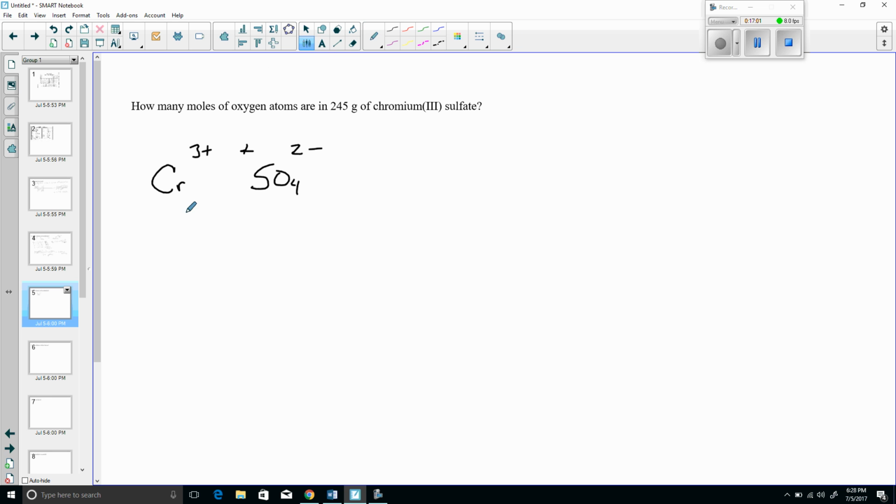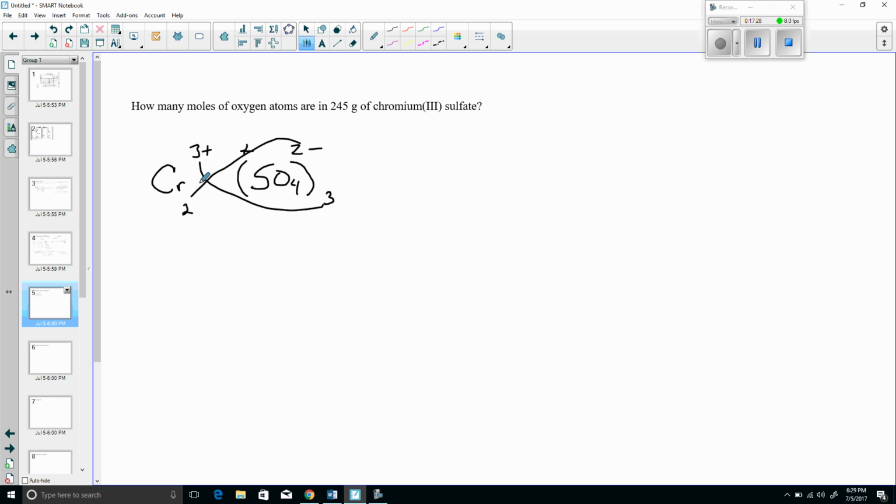The easiest way to do this, the first thing you're going to want to do, is make sure you understand that that's one entity right there. Take not the charge itself but the magnitude of the charge, and you're going to take one side and place it down here, and take the other side and place it down here.